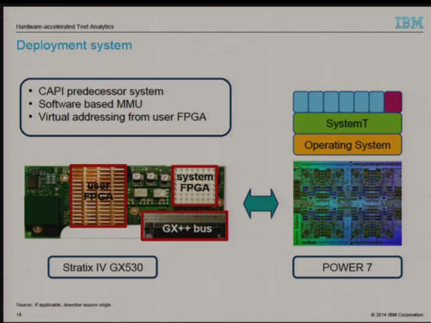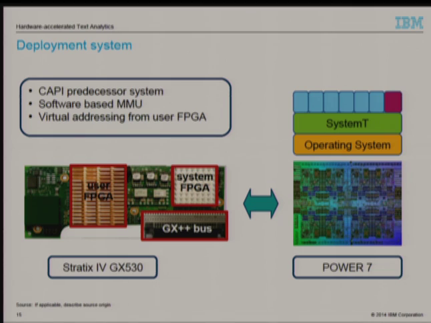So what does the deployment system look like? We were working with a Power 7 system and a card that was built in the Austin lab that is attached to the GX bus. It is a system that was a predecessor system, used to study copy, which we now know is deployed within P8.